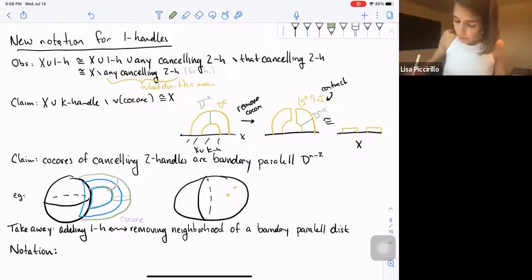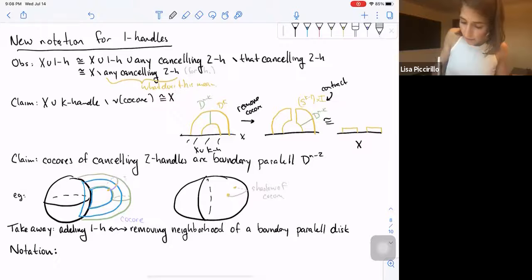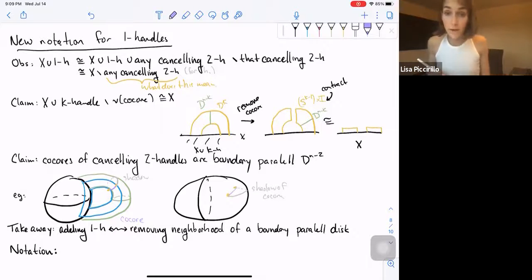And the way I like to do that is I just take some D^(n-2) that's actually in the boundary. Sometimes I think of this as being the shadow of the co-core. We see it over here too. It's this gray curve that I pushed out. And in this picture here, we'll just push it in and remove a neighborhood there.